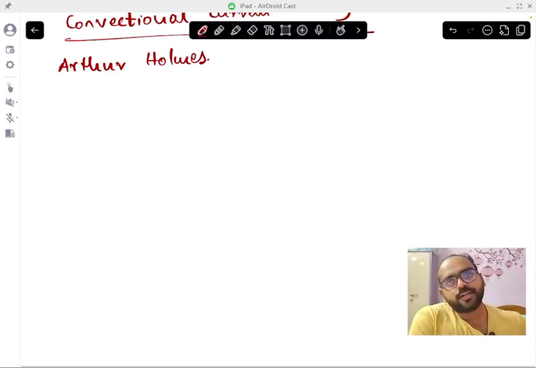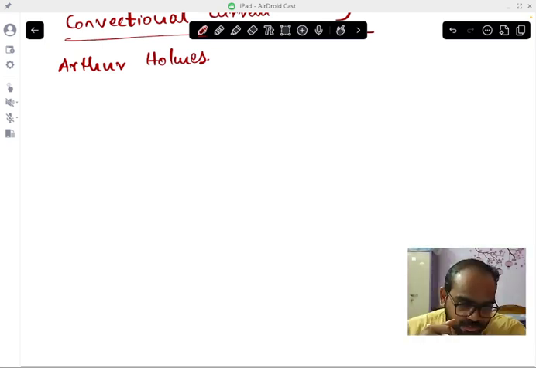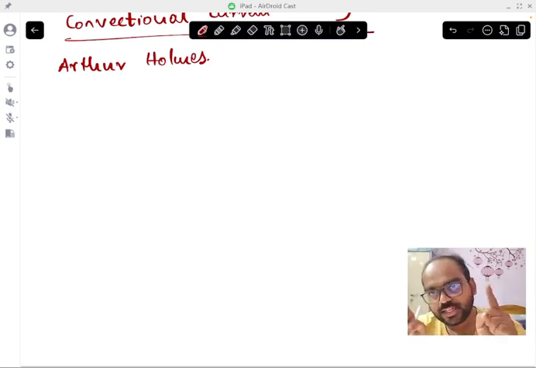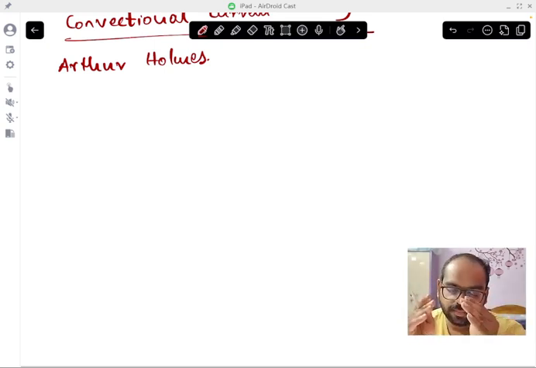Holmes said that below the earth, due to radioactive elements, there is heating happening. We have talked about the asthenosphere. The material of the asthenosphere is called magma. There is heating of magma inside the earth.